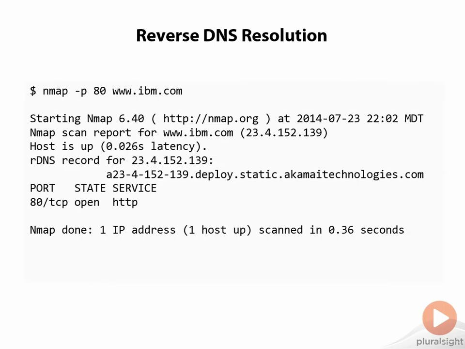Here we've provided Nmap with the host name www.ibm.com, which during the target expansion phase was turned into an IP address of 23.4.152.139. During the reverse DNS lookup phase, that IP address is turned back into a host name, resulting in the name a23-4-152-139.deploy.static.akamaitechnologies.com. In this case, the forward and reverse DNS entries don't match.